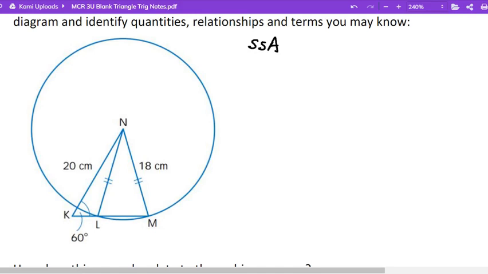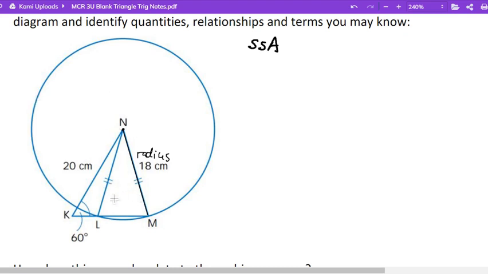No. It's not the diameter. It's the radius, right? So that middle line, the line that goes from the middle of the circle to the edge of the circle, is called the radius, right? And that means that any line that goes from N to the edge is going to be 18 centimeters long, right?